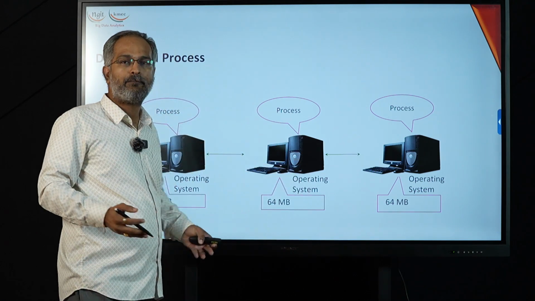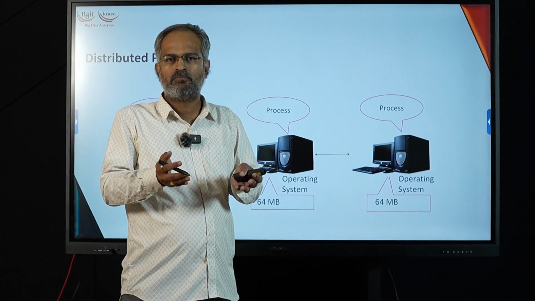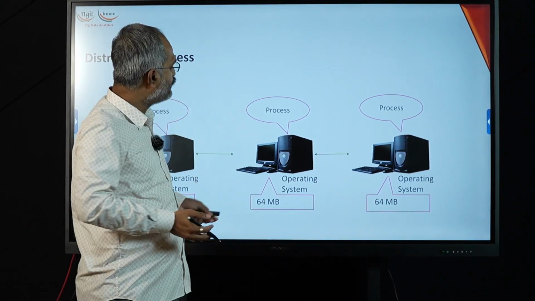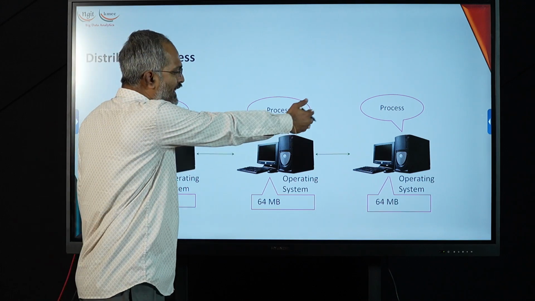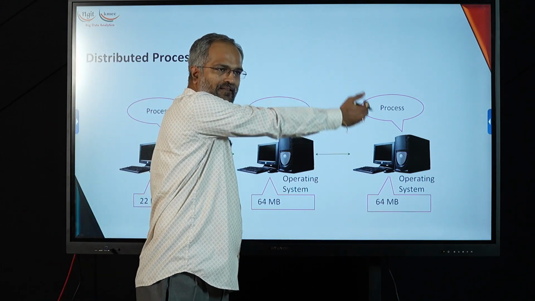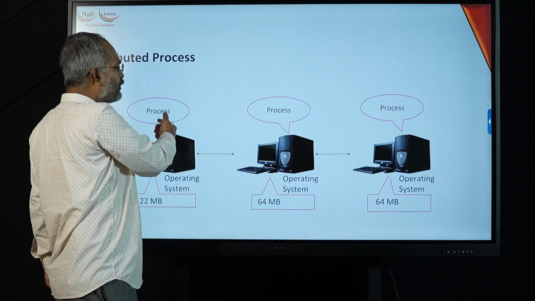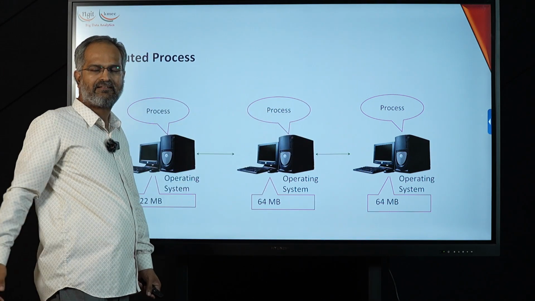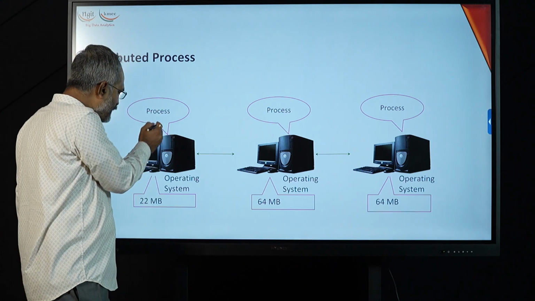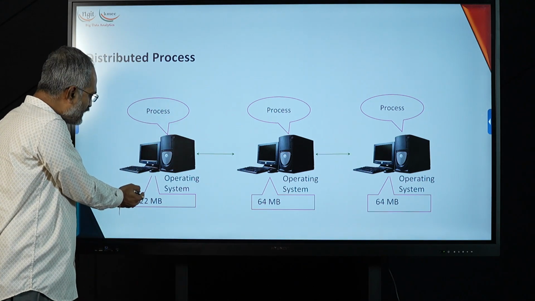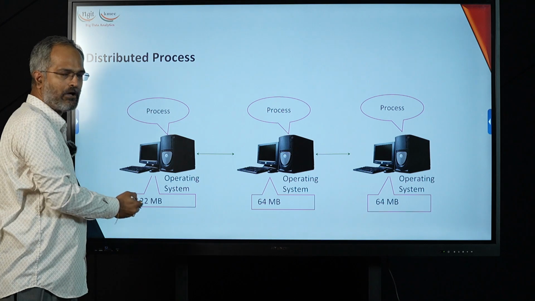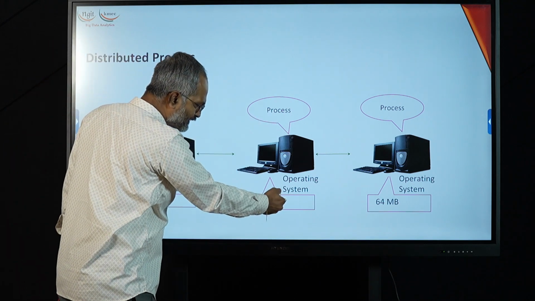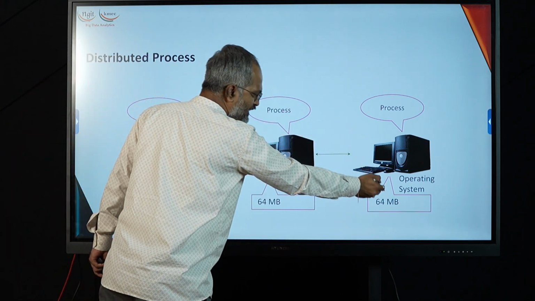But the process may be in KBs only, maximum in KBs or MBs. So the process can be transferred very easily to other machines, so that we can copy the process onto all the machines wherever the data is available, and this process can operate on this data and produce some output. This process can process this data and produce an independent output.